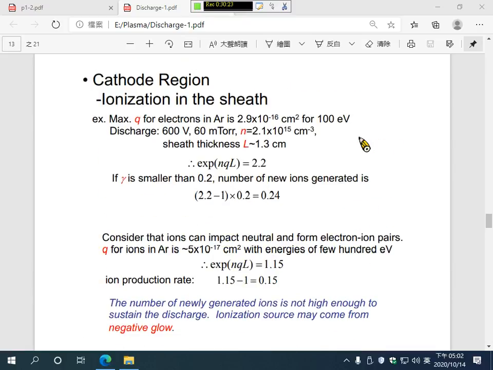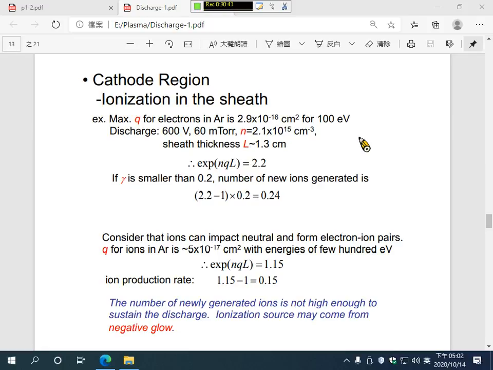Okay, so you can get 0.24. So from this equation, you only got 0.24 newly generated electron and ion pairs. So this value is smaller than 1.